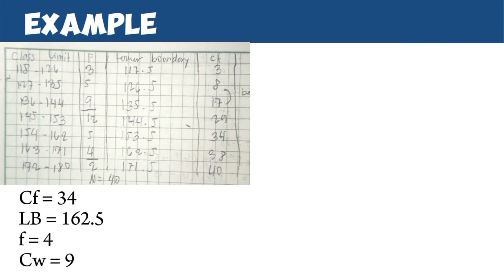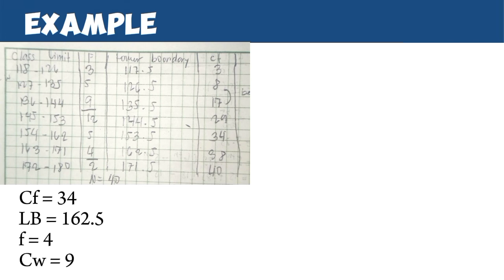Now the frequency. So the frequency is 4 because the line of the lower boundary of 162.5 is the frequency of it is 4. So the class width is 9 because 172 minus 163 is equals to 9.